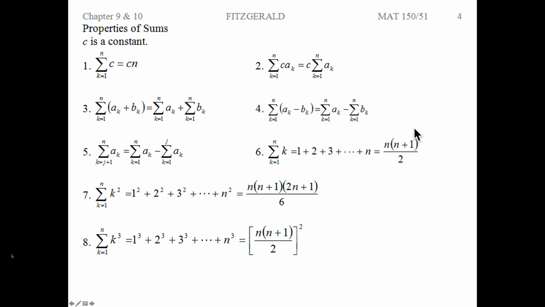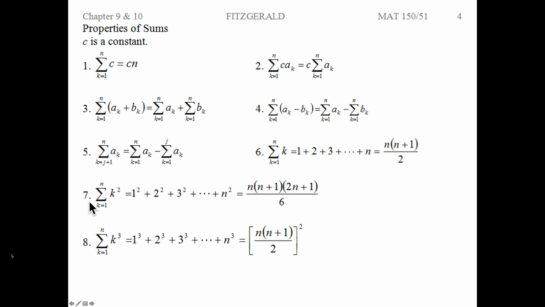You can use this formula. N, which is this n on the top, 50, times the n plus 1, the next biggest value would be 51, and then divide that by 2, you have the sum of all 50 terms. So this is going to be very helpful.